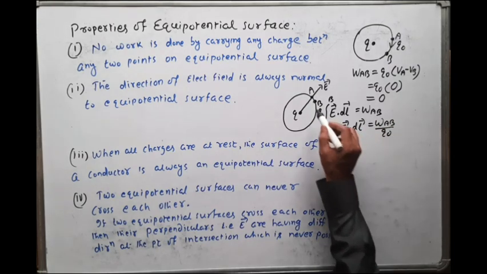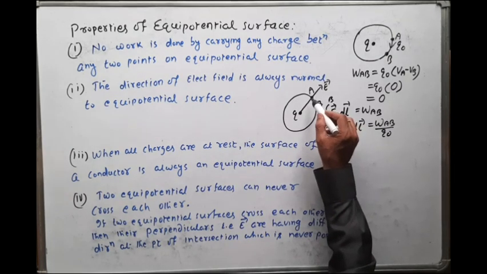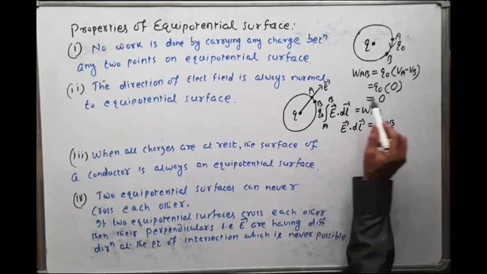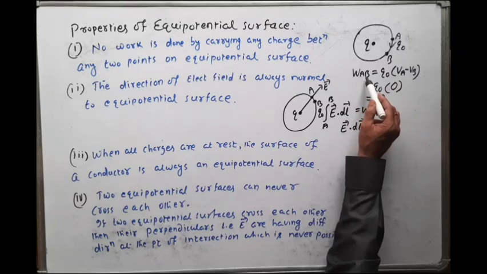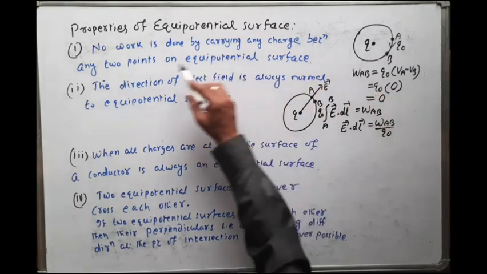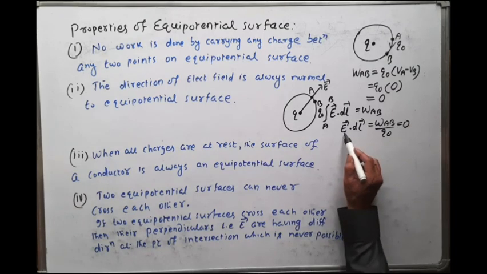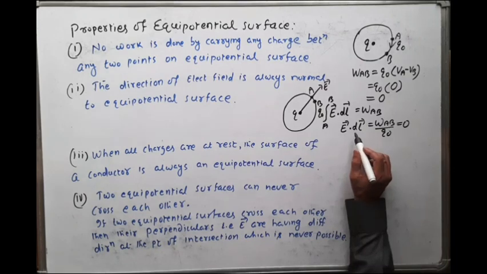So here you see, since A and B both are lying on the equipotential surface, the potential difference is equal to 0, and since the potential difference is 0, the work done is also 0. We have already proved this in the first property. So here work done is equal to what? 0. That means E dot dl is equal to 0. And this is the condition of perpendicularity.